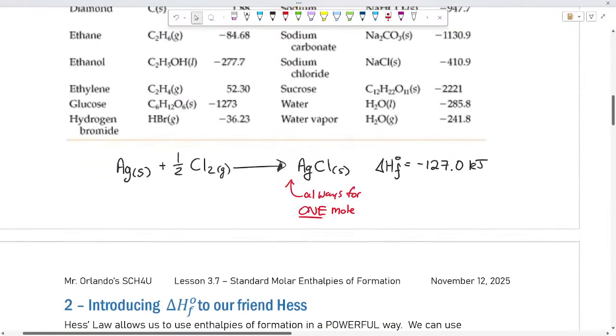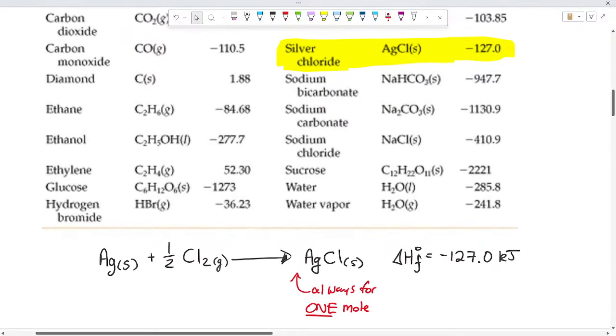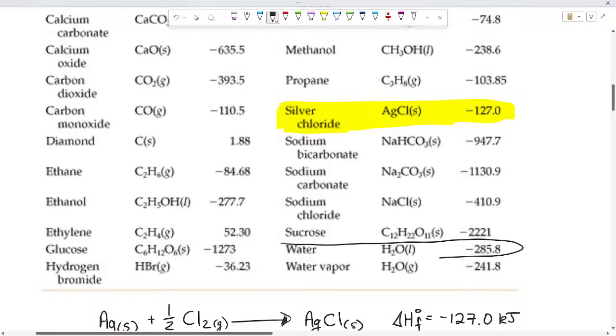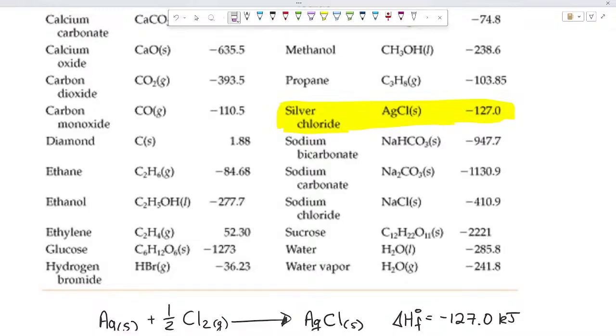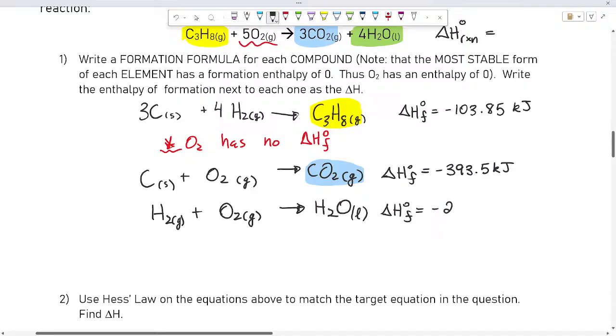You might find that there's two waters on the previous page, right? There's liquid water and there is gaseous water. But we want, in this case, the liquid water, which is? Yeah, I do that all the time. So it's negative 285.8, right? Negative 285.8.